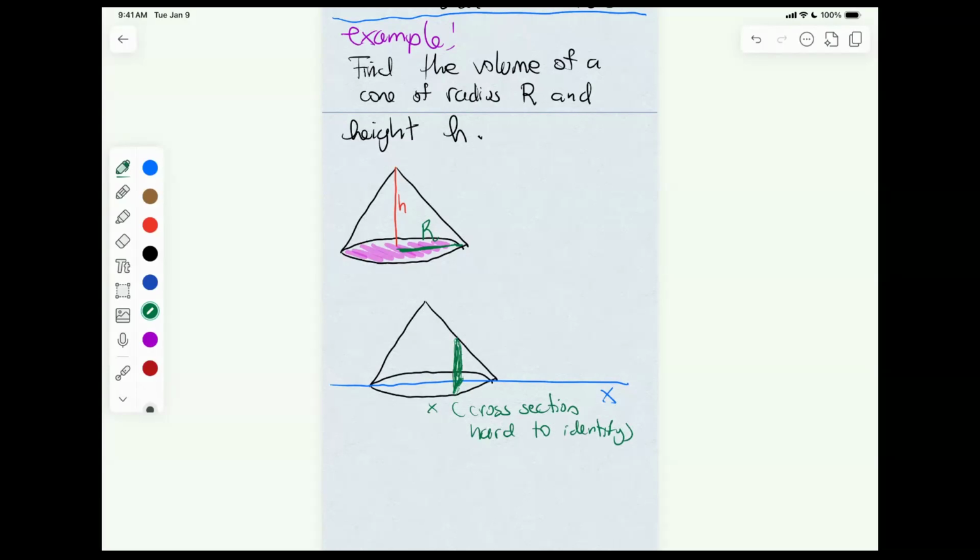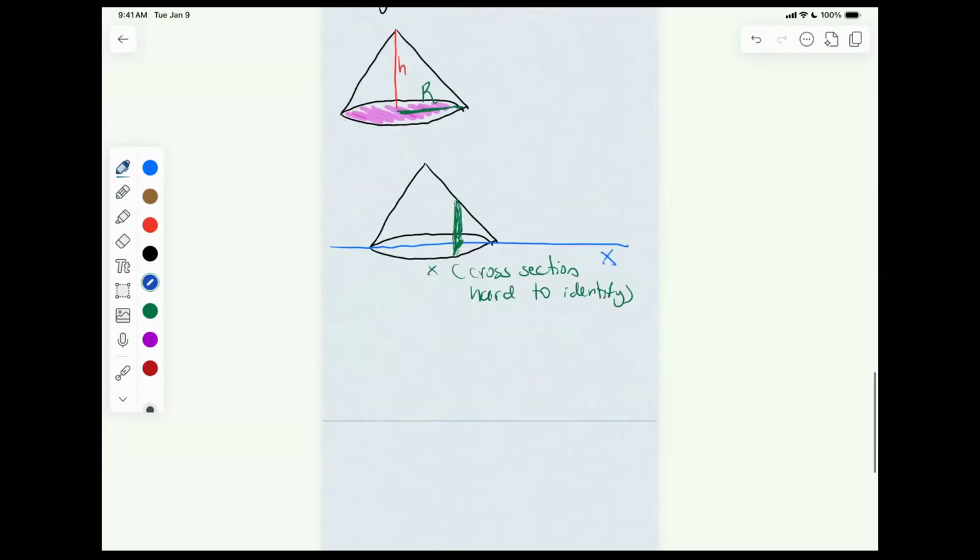But if you rotate the cone, your life becomes easier. So for example, if you set up the cone so that now the x-axis passes through the vertex, what before was the top of the cone, then if you do a cross section, that is easier to identify as a disk.